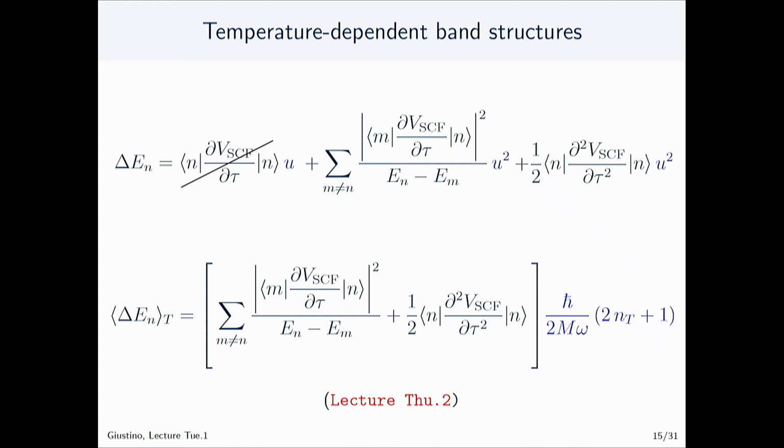So to give you an idea of why this generates temperature-dependent band structure, for example, let's just look at a very simple example. I want to concentrate on this object, okay? So let's forget that, just because I want to make things simple. And what you can notice here is that there is a quantity which is positive, and then some denominators.